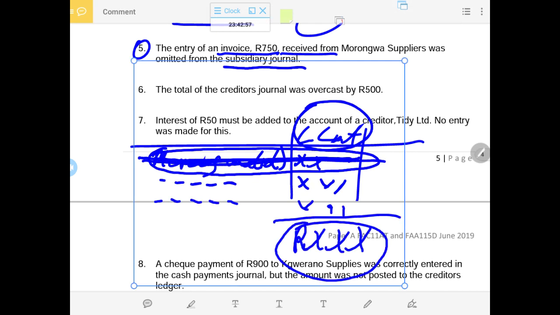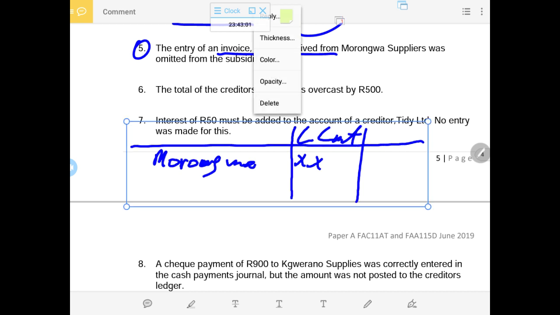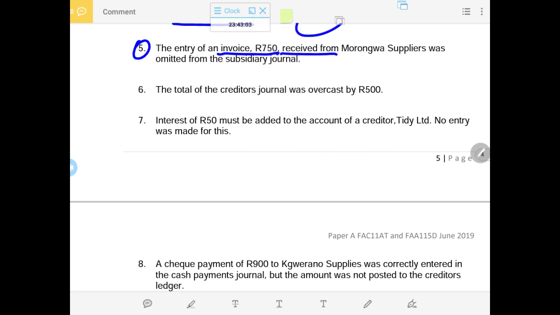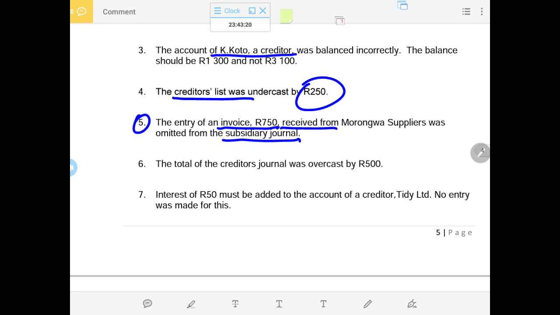So that is what it means: the list of creditors will be affected and also the creditors control will be affected, because the whole amount was missing. Sorry, not that one. The whole subsidiary journal, this was missing. So the creditor was not recorded and the total of the creditors control column will therefore be affected.